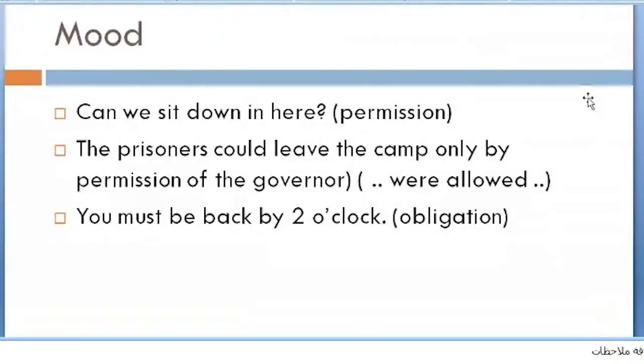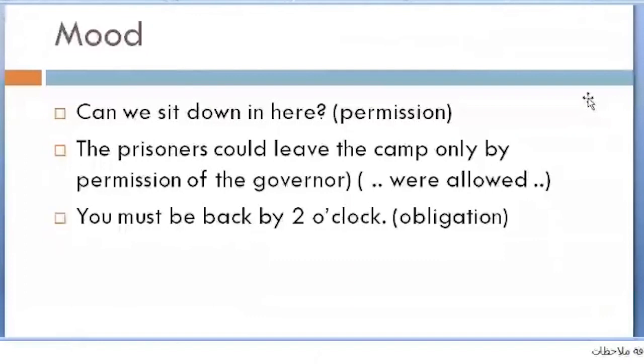Harking back to English, we have other modals like can or could, must, and so on. Also, they give us certain meanings. And the first one, can we sit down in here? This is permission. And again, in order to reflect this into Arabic, I have to use first a question particle, يعني فتح حرف استفهامي معين.